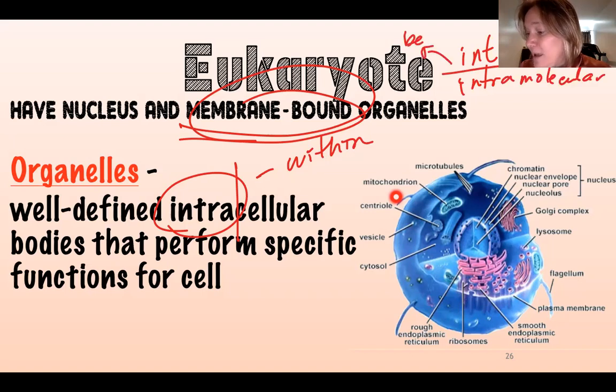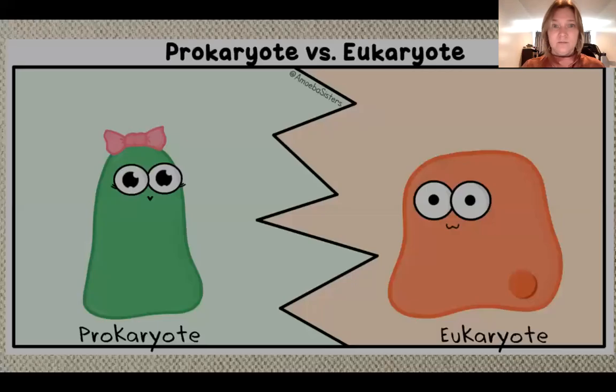Inter means between. So you think international, between two nations, not within one nation, but between nations. Intra means within, so one structure inside that structure. So organelles are intracellular, not intercellular. Intercellular would be from one cell to another cell.